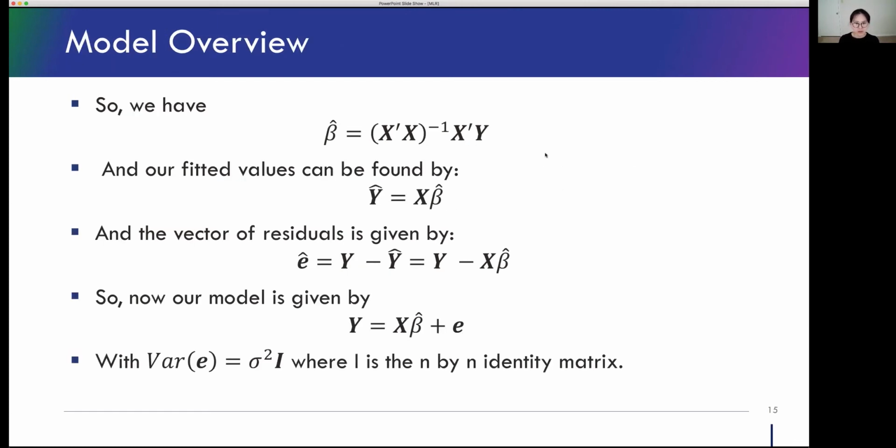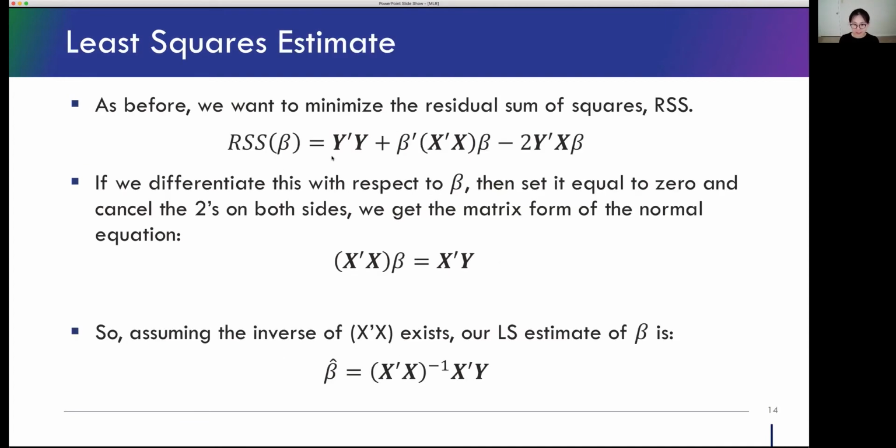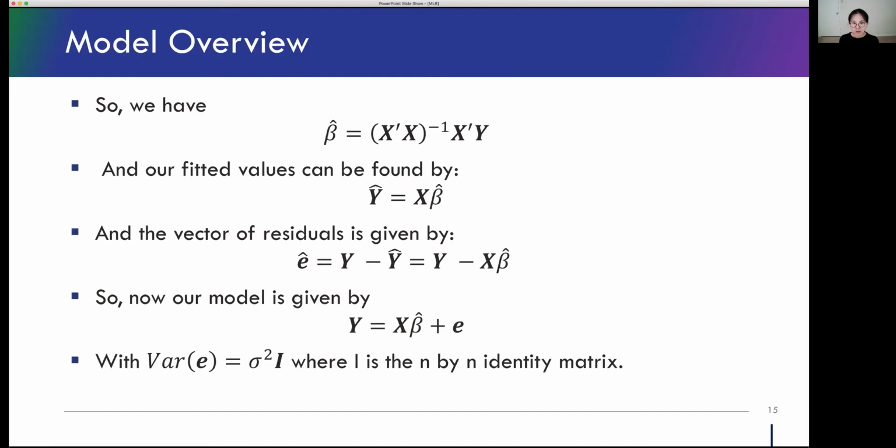Okay, and it is actually exactly the same formula for your beta hat. Note that this X matrix has changed from previously. It's a much larger matrix now. So we still get our fitted values Y hat by plugging in the estimated beta hat, and get our residuals like this.